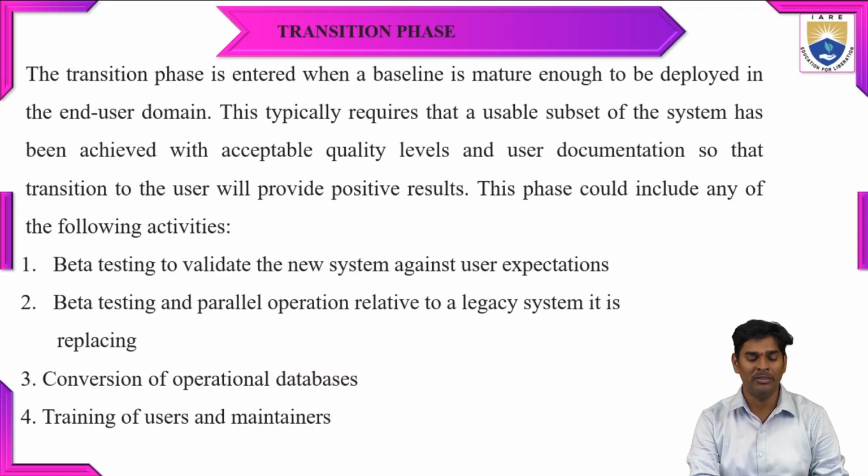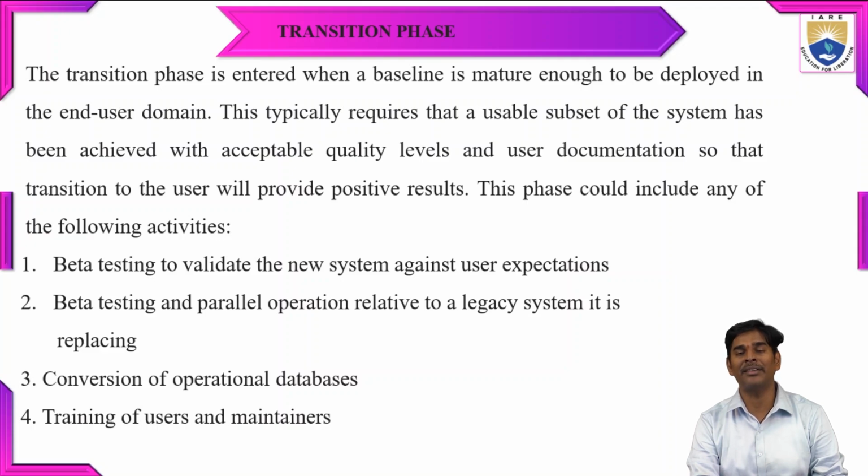And here we have beta testing to validate the new system against user expectations. Whenever they are releasing the software product, they need to verify the validation of the alpha as well as the beta. And when they are testing the beta, parallel operation has to be maintained, because they need to replace each and every testing element here, along with the conversion of the operational databases, and the training of users and maintenance.